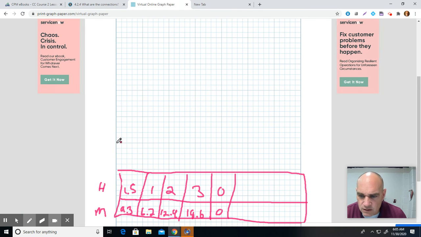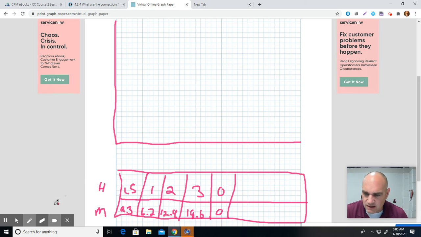All right, so now we need to graph this. So here's my line. These are my x's. These are my y's. The constant multiplier is always my x.